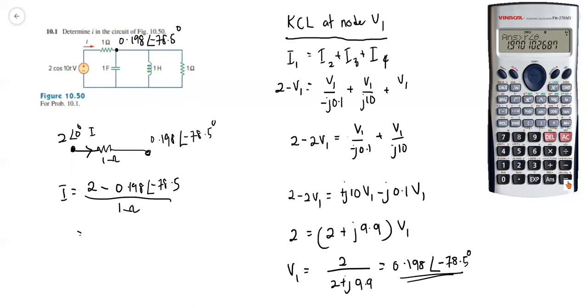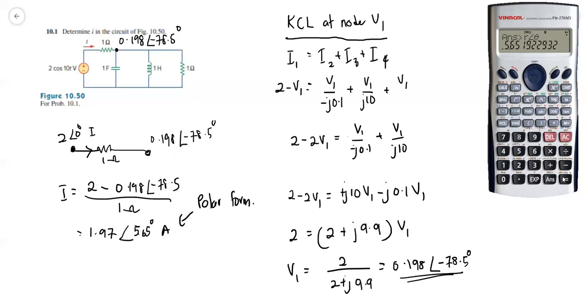So you should have the current as 1.97 with an angle of, you need to press shift equal, 5.65 ampere. So this is in polar form. If the voltage given is in the time domain, your final answer should also be in the time domain.